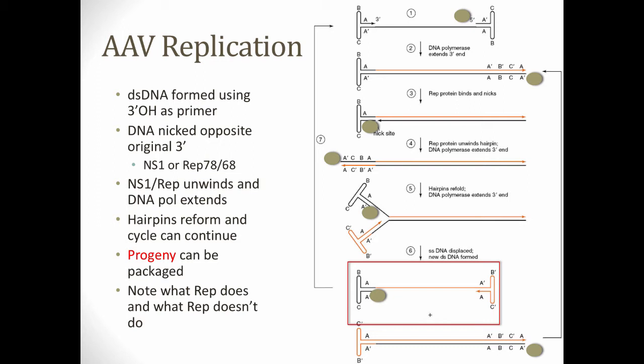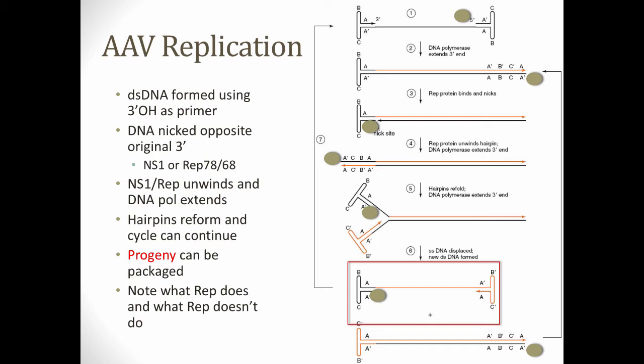So once you have this double-stranded form here, the rep protein can move to the site exactly opposite where this original free 3' OH was and introduce a single-stranded nick. So it doesn't completely cut through both strands of DNA. It only cuts here. This rep protein can then unwind this terminal hairpin, so it nicks and unwinds through helicase activity.